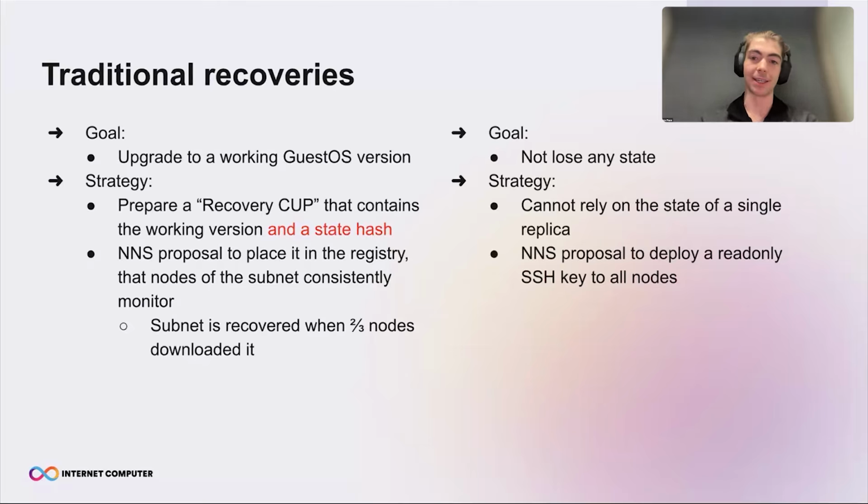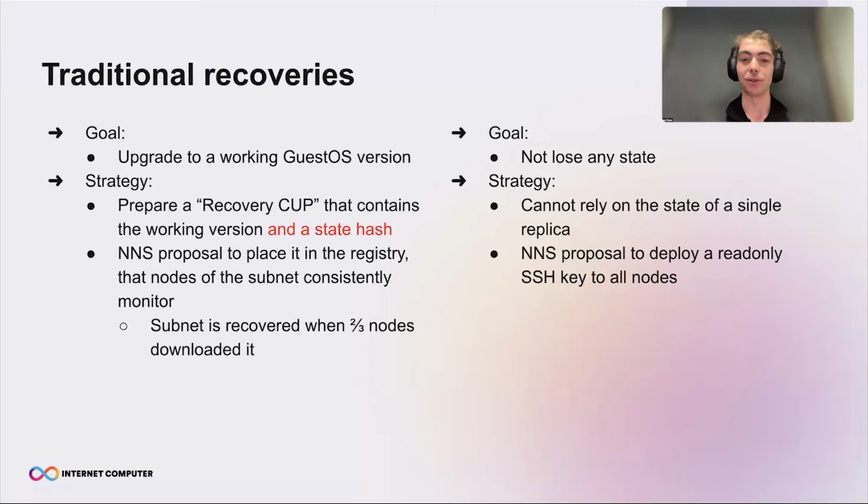In most cases in the past, it was Dfinity, and Dfinity can check the state on the node that it has on the subnet. But of course, we cannot rely on just that, because if it's lagging behind, then we would miss some heights.